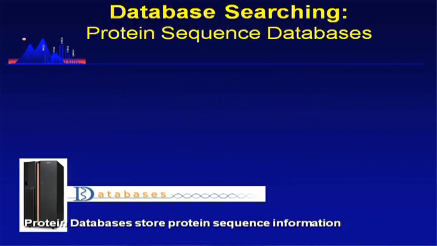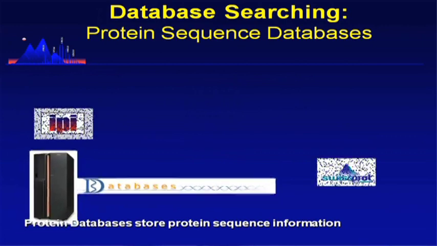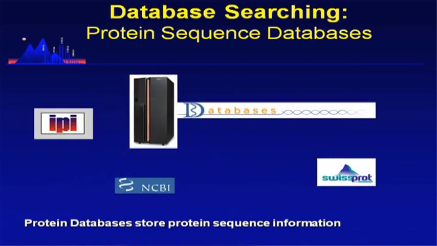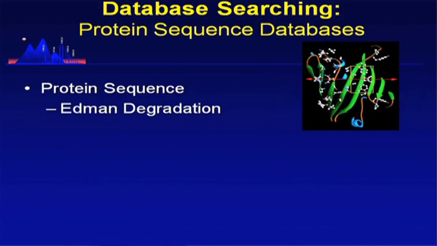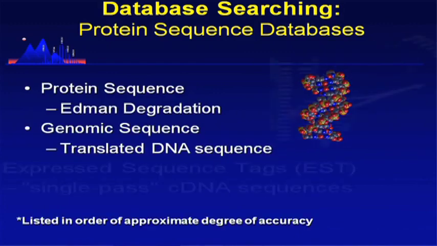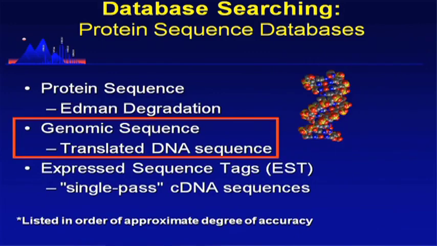So we'll first talk quickly about the protein sequence databases. So where does the information in these databases come from? Some of it does come from direct protein sequencing by Edman degradation. But if any of you guys have ever actually done this, it's quite a tedious process, not really high throughput by any means. So by far, the most of the information in there comes from translated genomic sequences or translated DNA sequence.